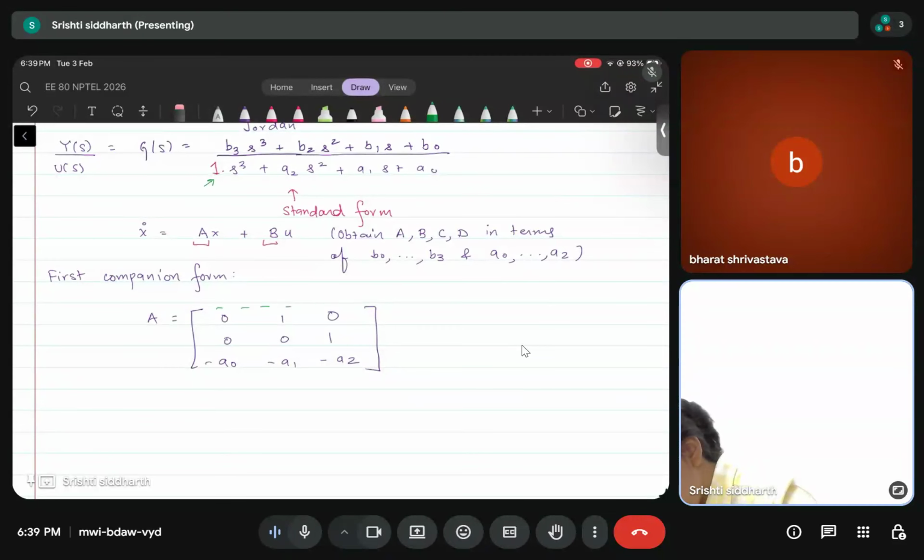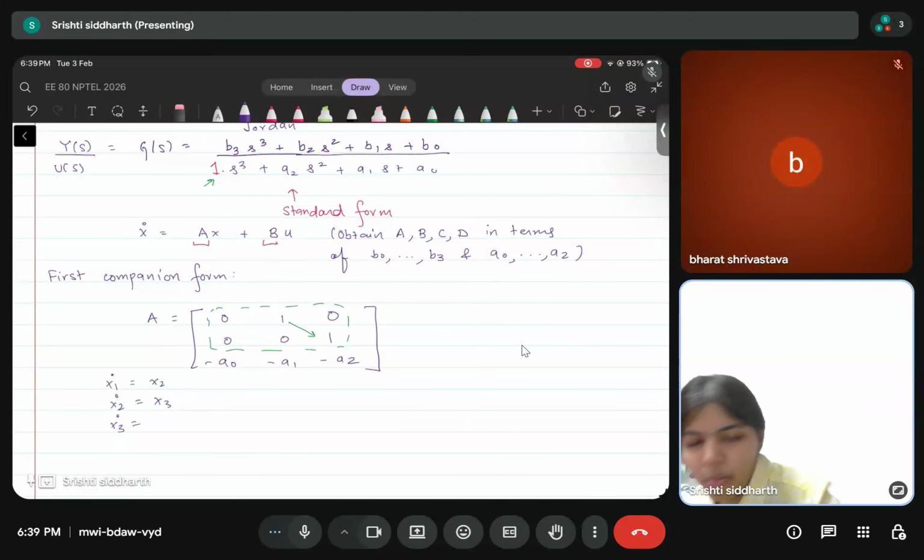Observe that the first two rows imply that we have a chain of integrators, right? The one shifts to the right. So for example, the first state is x1 dot equals x2. The second state is x2 dot equals x3. And the last state is a combination of the states.